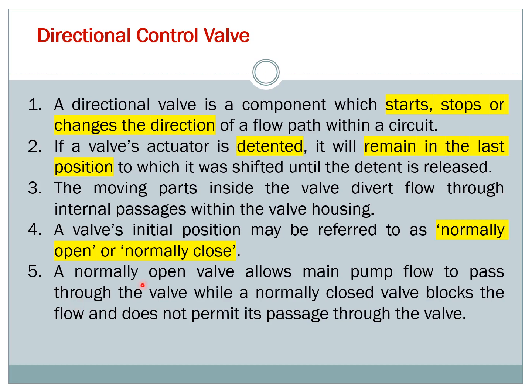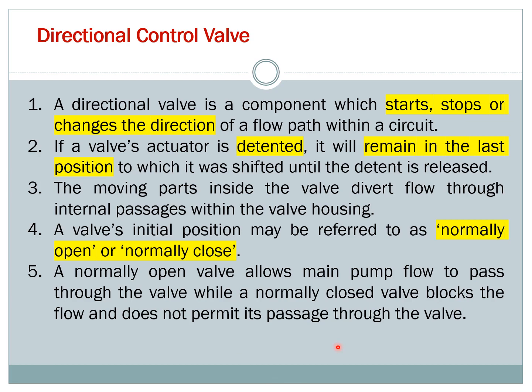A normally open valve allows main pump flow to pass through the valve. When we say normally closed in a valve, it means the valve is blocking the flow and does not permit any fluid passing through the valve.